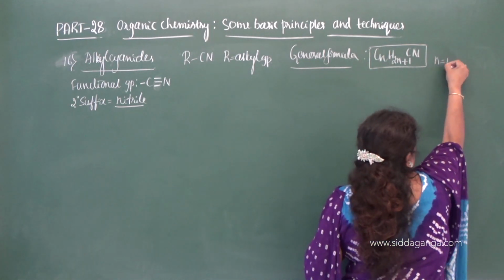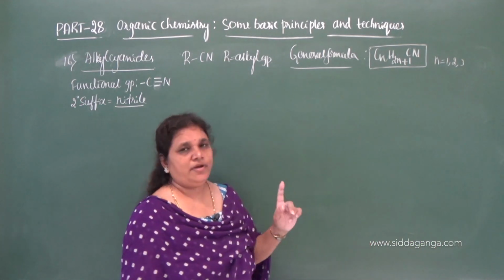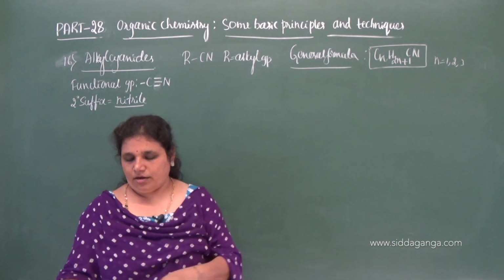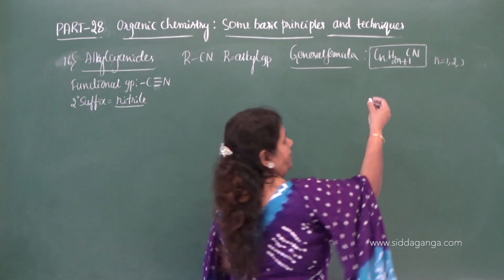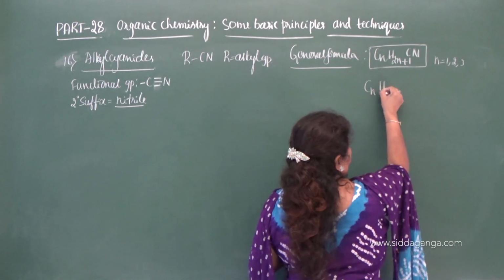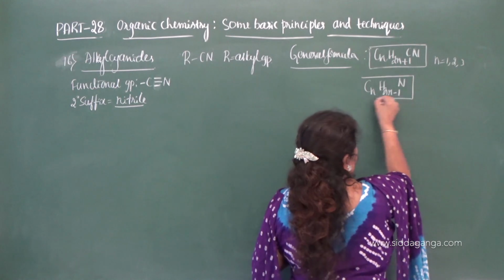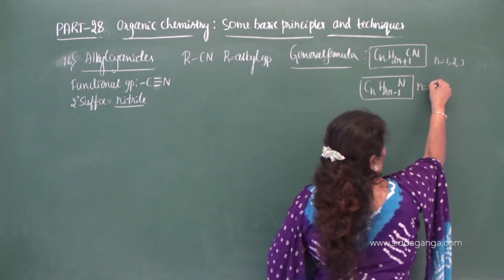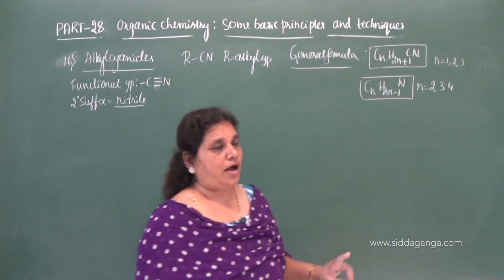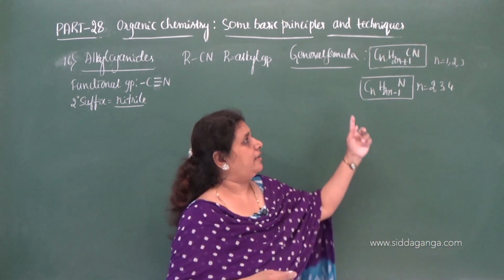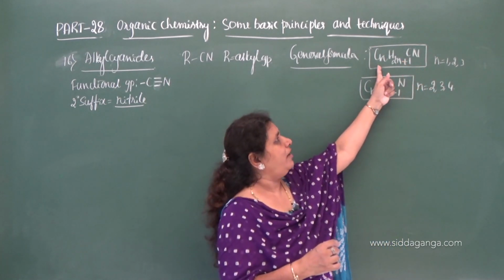We need to give the value of n equal to 1, 2, 3 if it is derived from alkane, or you can also give one more general formula for this, that is CnH2n-1N. But here you need to give the value n equal to 2, 3, 4 because R must be an alkyl group, so you put n equal to 1 in the first general formula.